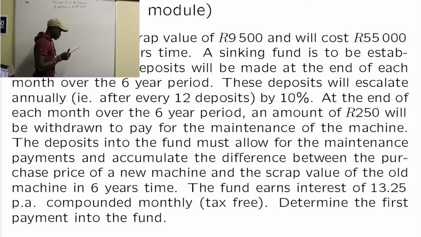The deposit into the fund must allow for the maintenance payment and accumulate the difference between the purchase price of a new machine and the scrap value of the old machine in 6 years' time. The fund earns interest of 13.25% per annum compounded monthly. This is tax-free. Then the question says I should determine the first payment into the fund.